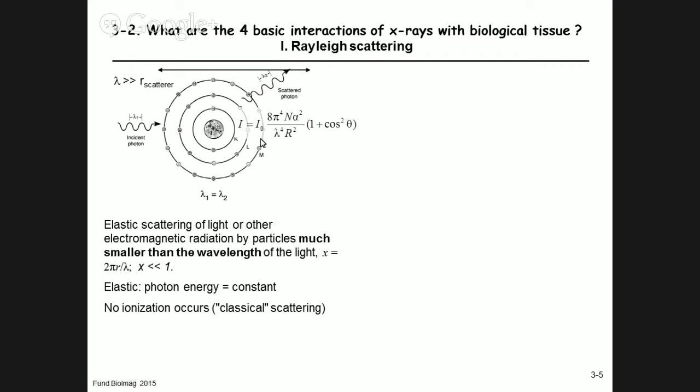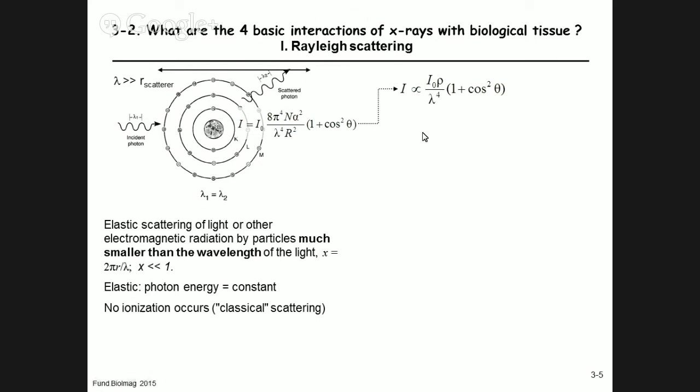Okay, so the intensity, now we can see here, this is an expression I just took from the literature. The intensity of the scattering depends on a number of factors. It depends on the angle. It depends also on the wavelength. If we simplify that just to see the major parameters, we have something that's angle dependent and something that's wavelength dependent.